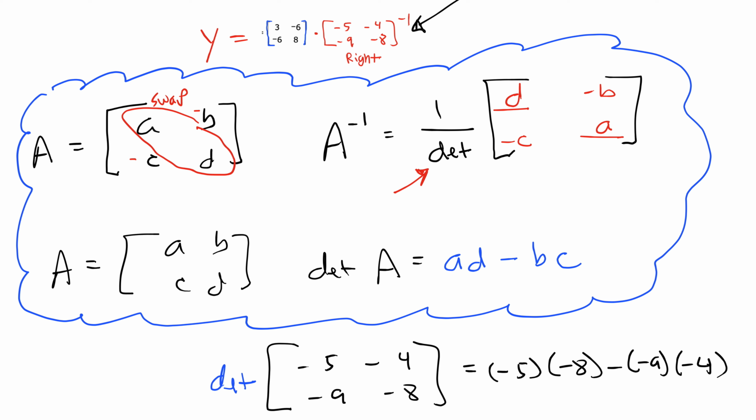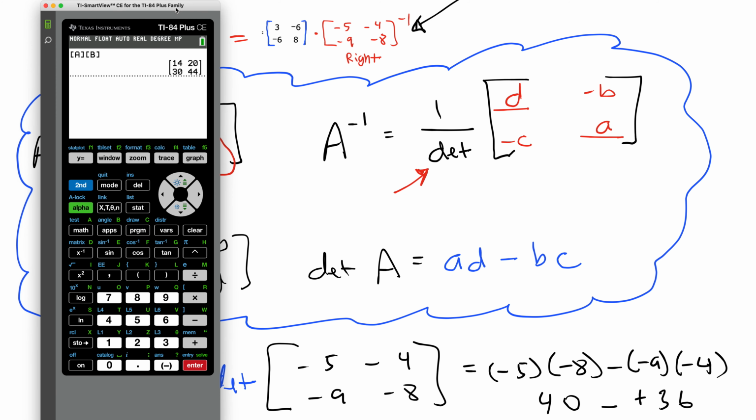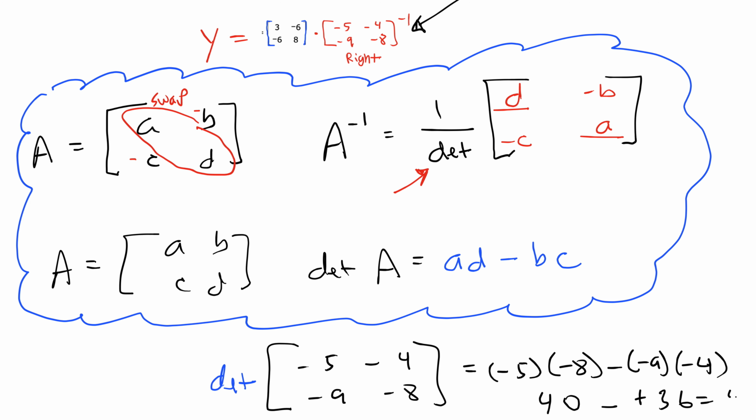Okay, so what is -5 times -8? 40. And minus, and what is -9 times -4? Okay, so it's 40 minus 36, right? So 40 minus 36, it's 4. Okay, so that's our determinant.